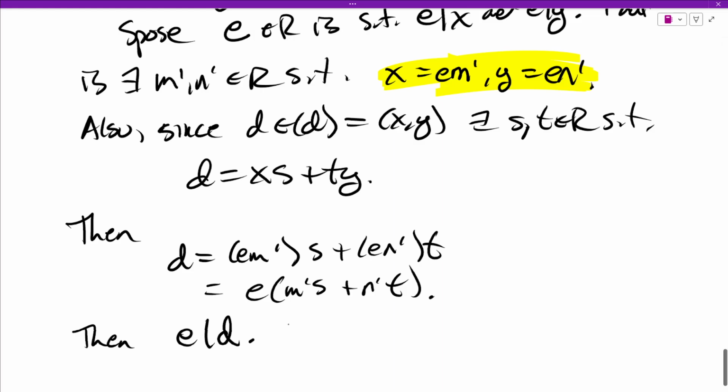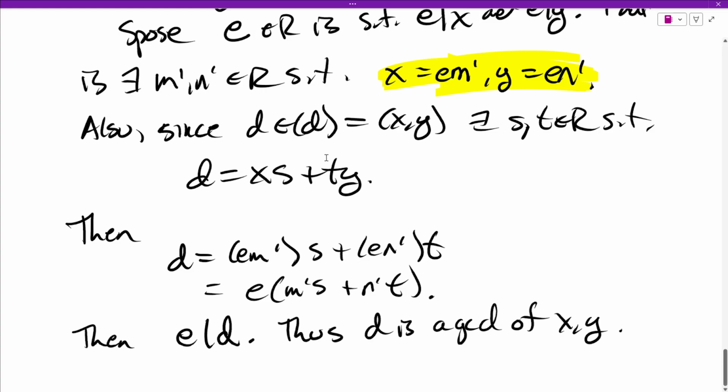So, d is a GCD of x and y. And we also have our Bezout coefficients. So just to be clear, these are the Bezout coefficients. All right, so GCDs don't exist in general, but in the realm of PIDs, they do always exist.